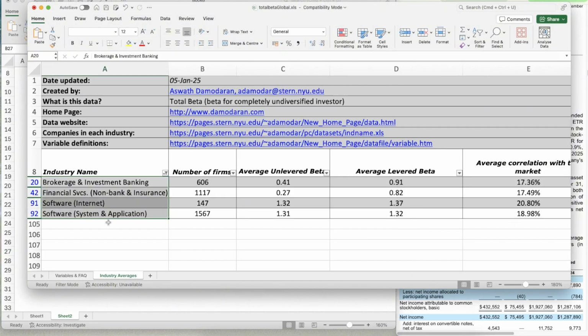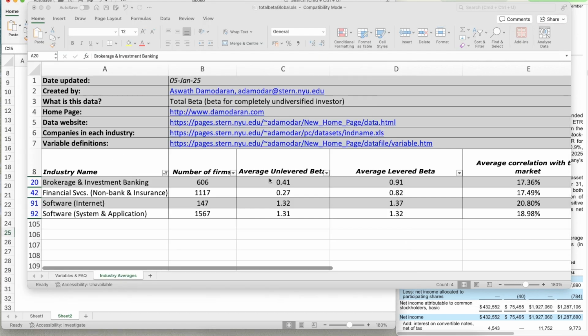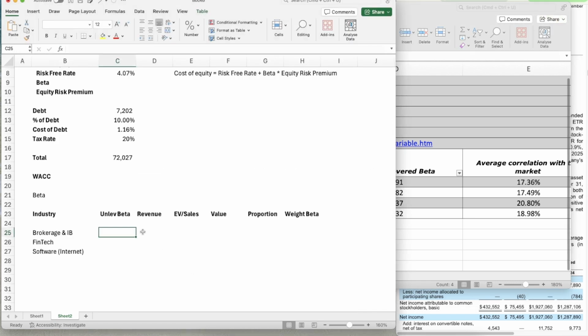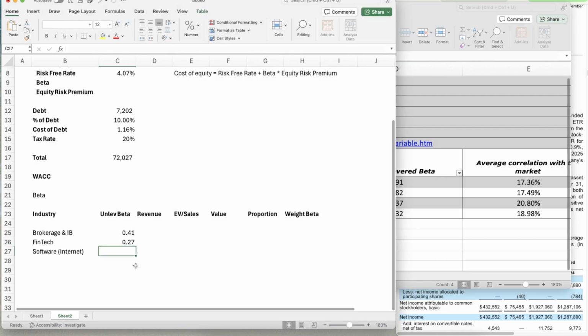I don't think we need this bit, software, system, and application. So 0.41, 0.27. Software and internet, 1.32.